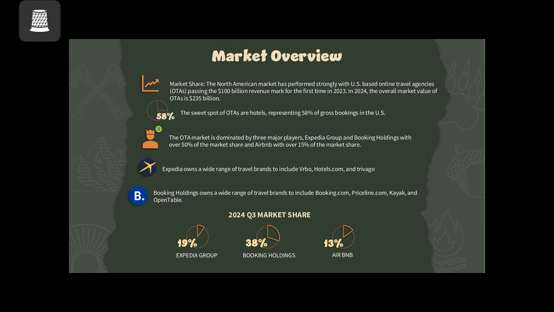There are three major players in the OTA market, with Expedia Group and Booking Holdings holding over 50% of the market share, and Airbnb with over 15%. As you can see, Expedia Group owns a wide range of travel brands, including VRBO, Hotels.com, and Trivago, and Booking Holdings owns Booking.com, Priceline.com, Kayak, and OpenTable.